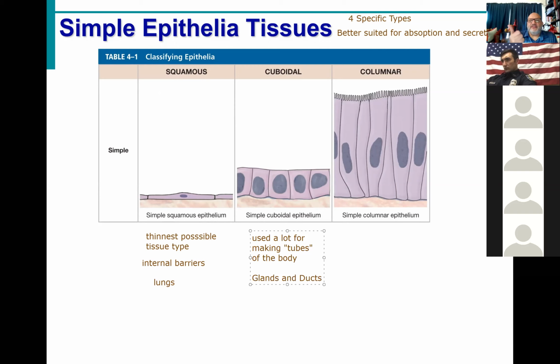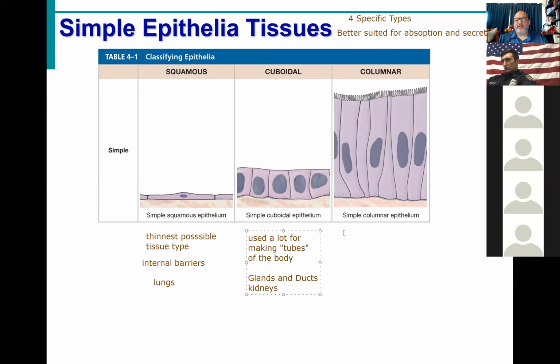When we're making our glands and ducts, they're going to be lined with cuboidal tissues. In our kidney, where we're processing our filtrate, cleaning our blood and producing urine as a result of that, you're going to find simple cuboidal epithelial tissue. So it's found in a lot of different places, like the glands, the ducts, the kidneys, and other places like that as well.